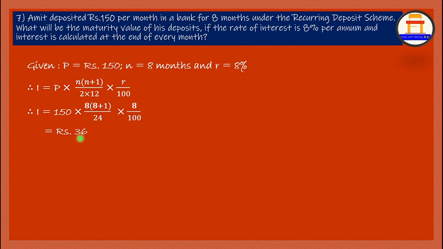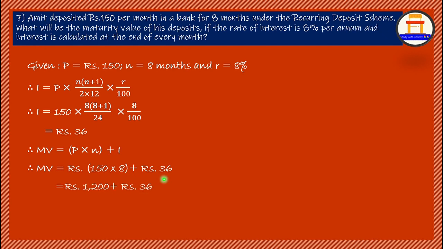Upon this, we can calculate the maturity value. Maturity value is given by the formula principal into number of months plus interest. Principal is 150 rupees, the number of months is 8, and the interest we have just calculated as 36 rupees. Let's substitute the values: 150 into 8 plus 36.